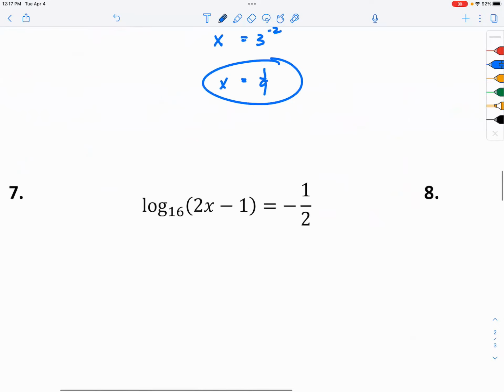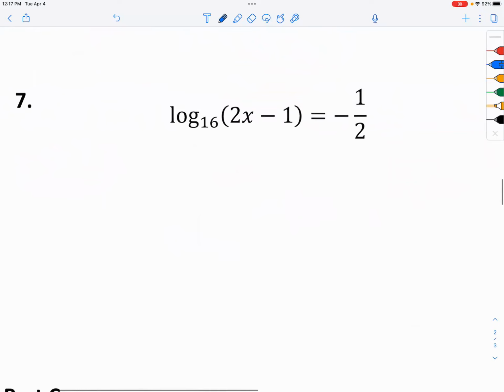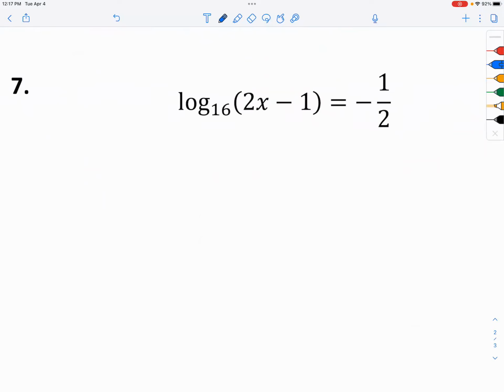Okay. All right, number 7. Number 7, it's a bit more challenging because you have some more terms right here, but we still have to remove the log. So we will do exponentiation with the base of 16. Okay. So give yourself a little bit of space to write the base of the exponential function.